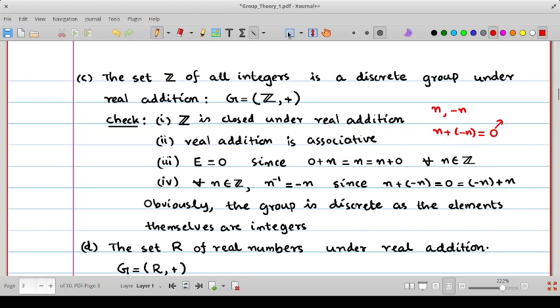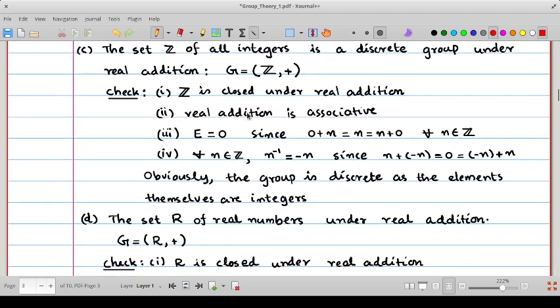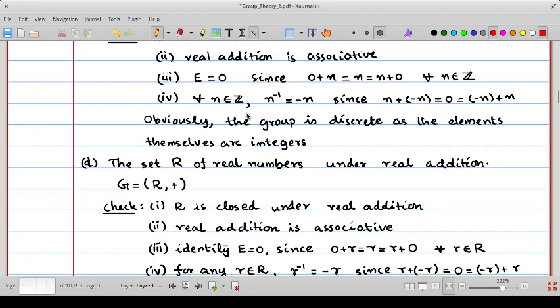So we have also identified now that every integer has an inverse under addition. Now the number of elements in the set of integers is infinite, but it is countable, and therefore it is a discrete infinite group. So the set of integers under real addition is a discrete infinite group.